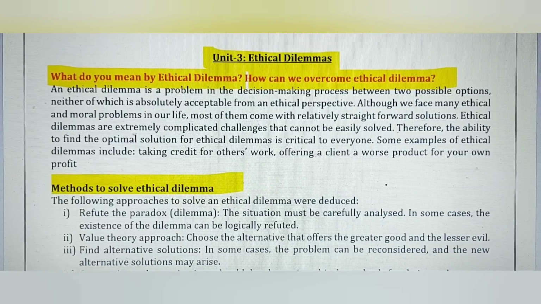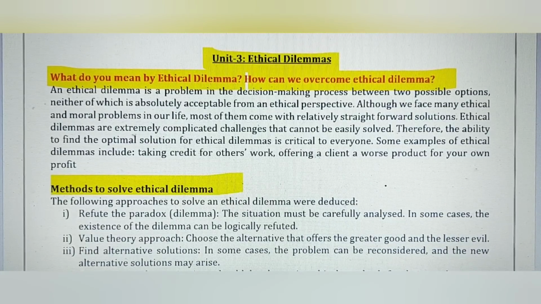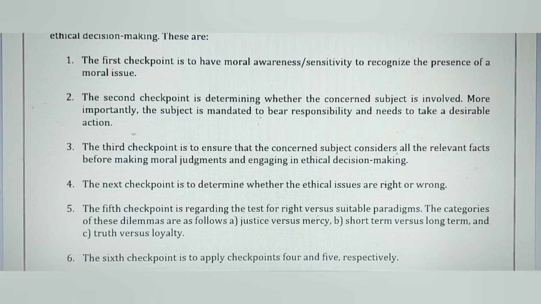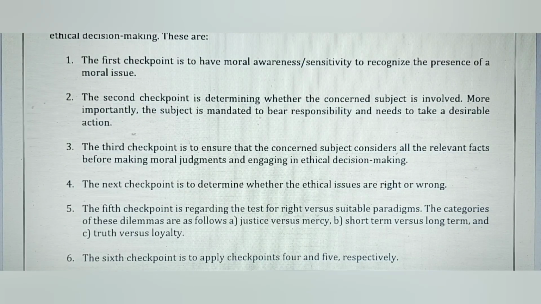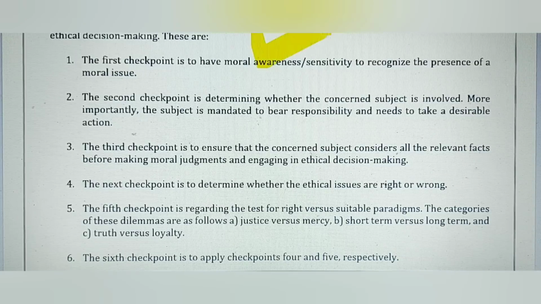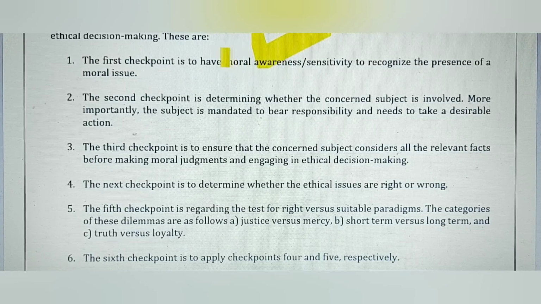This question is very important for this exam and must be revised properly. The next one is Kidder's 9 ethical checkpoints. Most probably you can get this question in short notes, and sometimes for a 10 marks question also you can get Kidder's 9 ethical checkpoints to overcome dilemma.